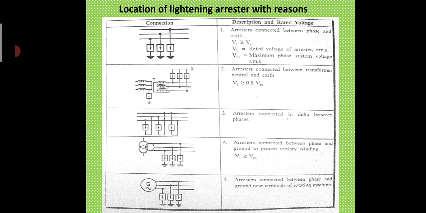Next is arrestor connected in delta between phases. Next is arrestor connected between phase and ground to protect the tertiary winding, meaning V1 greater than or equal to Vm. And fifth is arrestor connected between phases and ground near terminals of rotating machines. So these are the different types of connections of surge arrestor.